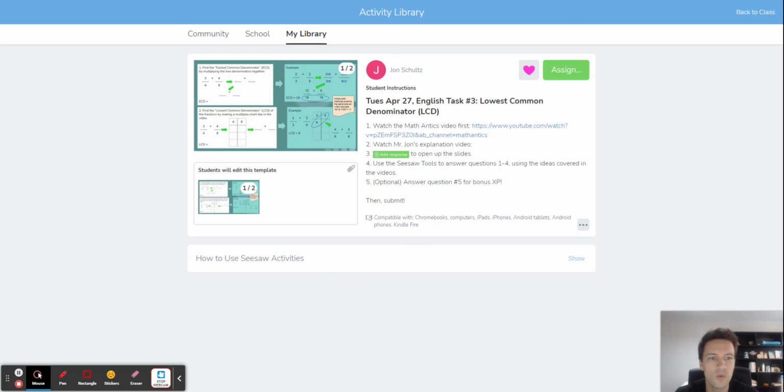Okay, today we're going to be focusing on learning about the LCD, the lowest common denominator. Now this uses some words that you guys are already familiar with. Denominator, you should know that by now, and you should know common denominator because we found a common denominator as we had to add or subtract or compare fractions that had unlike denominators.